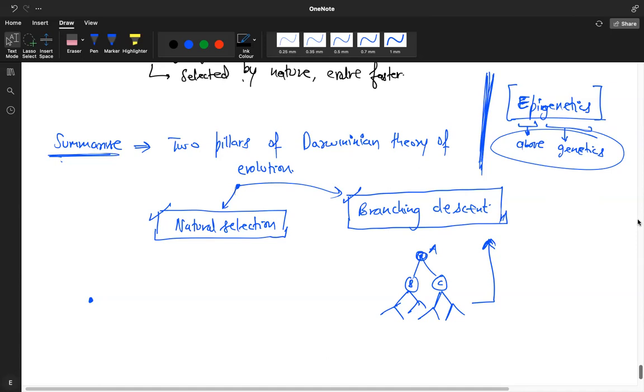So it cannot happen. Just because you are using or disusing your organs, you cannot pass it on or you cannot develop new organs. For that matter, if a human wants to fly, and every day I'm just going on the first floor and jumping from there and trying to flap my arms, thinking that one day I will grow wings, it will not happen, right?